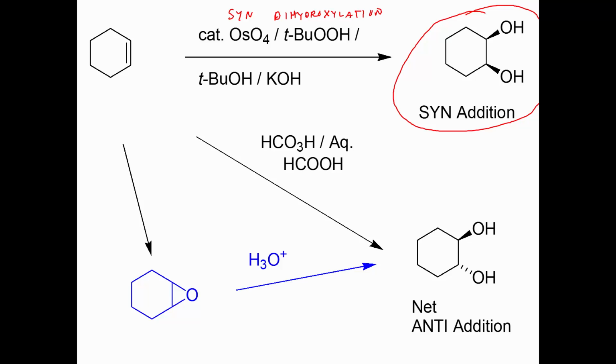And of course, the reagent of choice here is osmium tetraoxide with a catalyst, so you don't have to use stoichiometric amounts of osmium, which is a very expensive and very toxic substance.